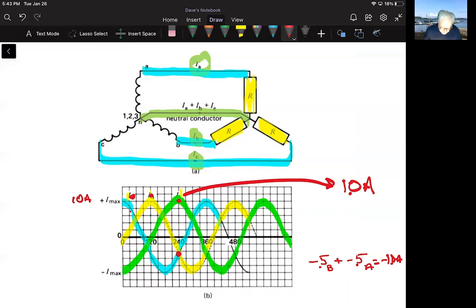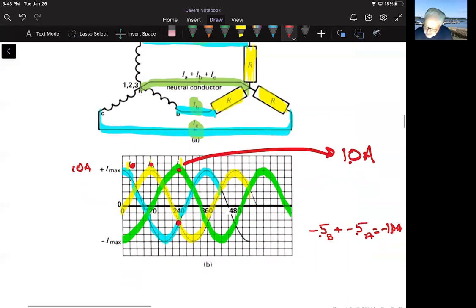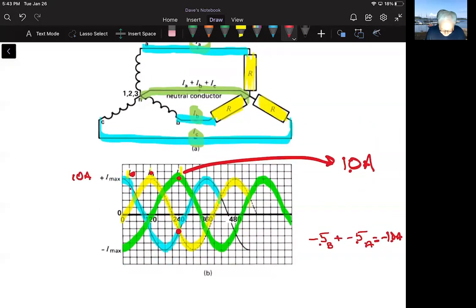So we come to this very interesting idea that if we take the phasor sum of the currents, the sum of the currents is going to be 0. Now, think about that for a minute. What does that get us?